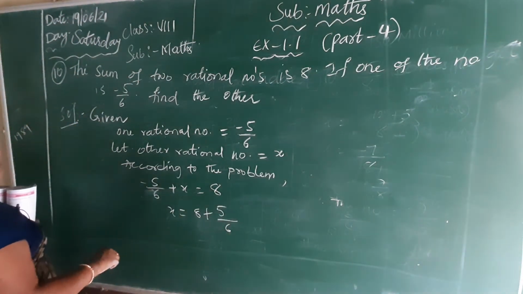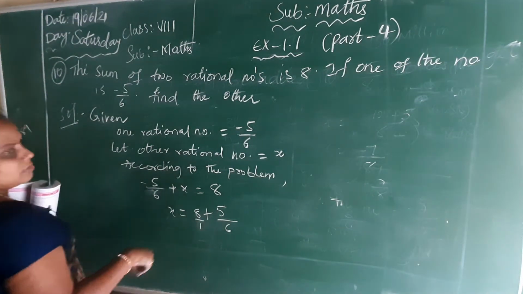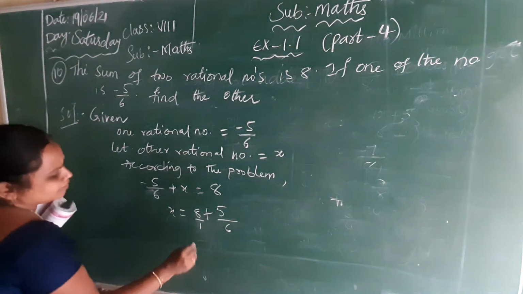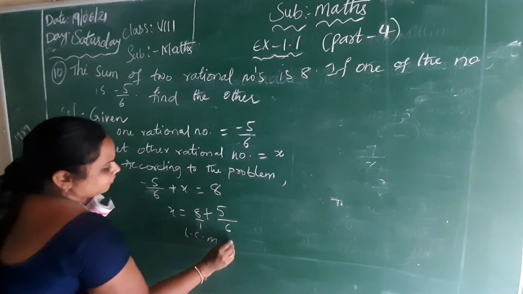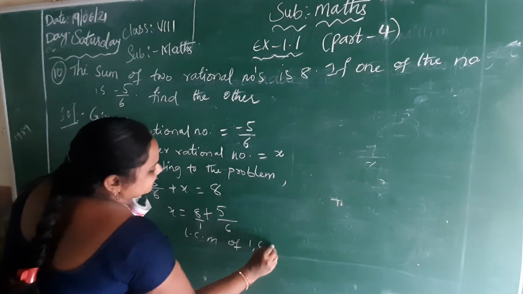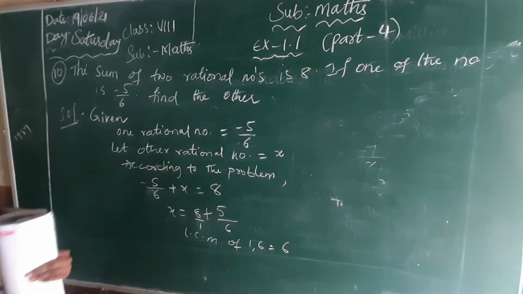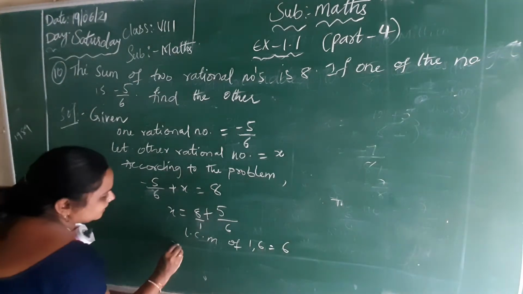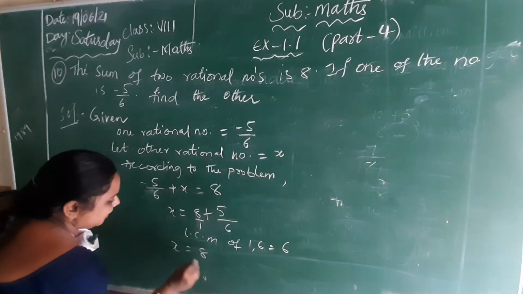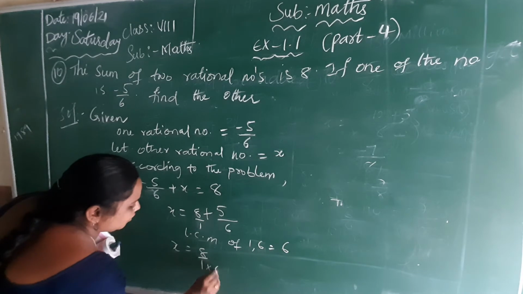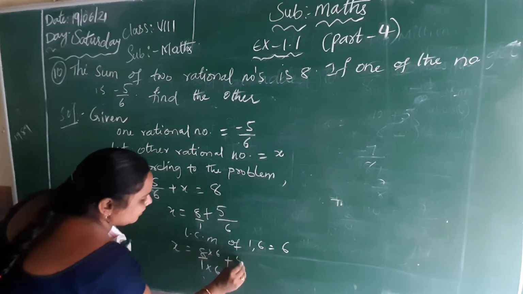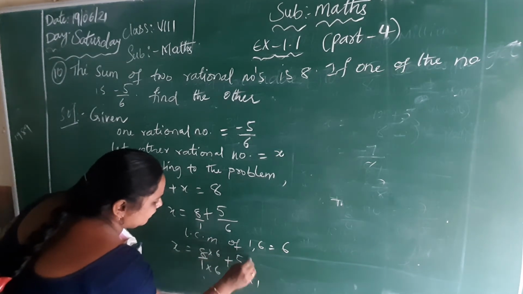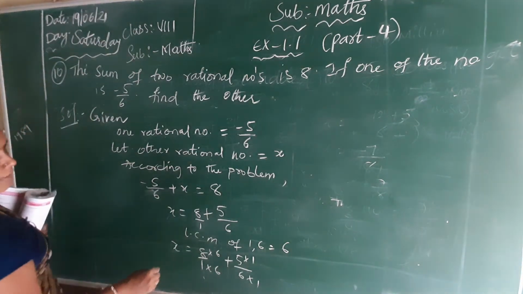Here the denominator is not there, so we are placing 1. So the LCM of 1 and 6 is 6. So x is equal to 8 by 1 into 6 into 6, plus 5 by 6 into 1 into 1.